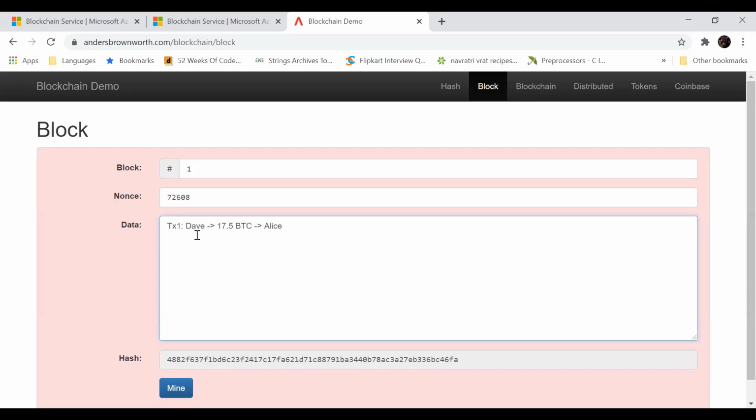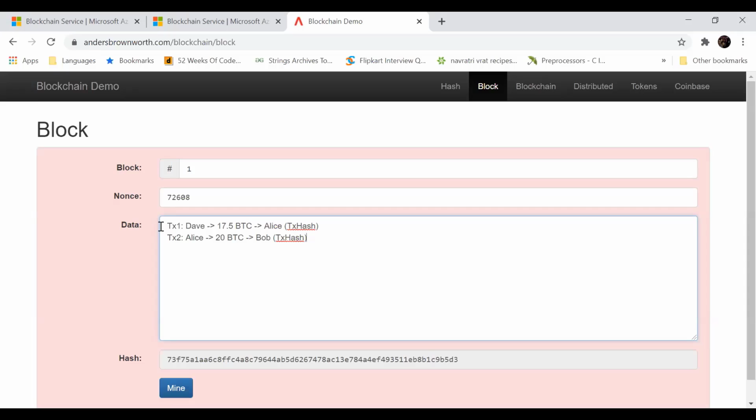There'll be a transaction hash present here, but just for the sake of understanding, I'm writing the transaction like this. Suppose there is another transaction where Alice has, for example, transferred 20 Bitcoins to Bob. Here again, originally, it will be represented by a transaction hash.